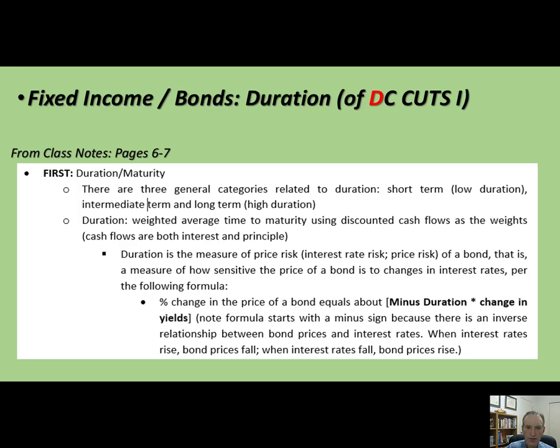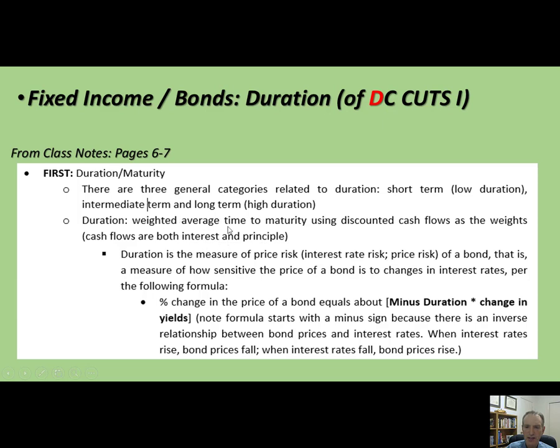What is duration? So technically, the definition of duration is the weighted average time to maturity. There's that word maturity, but it's the weighted average time to maturity using discounted cash flows as the weights. So it includes both interest and principal. You remember we said for the maturity value, that only looks at the principal. But duration looks at both principal and interest.